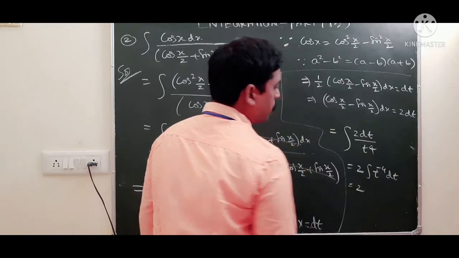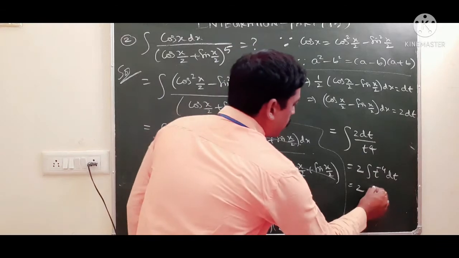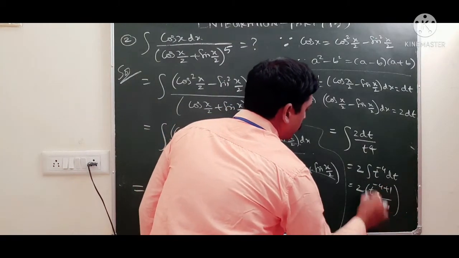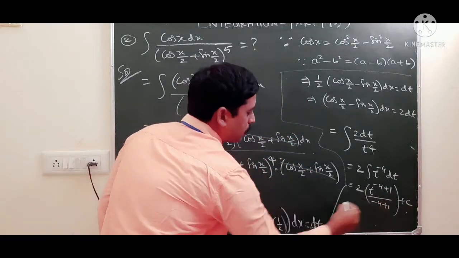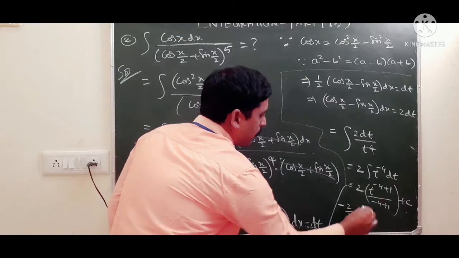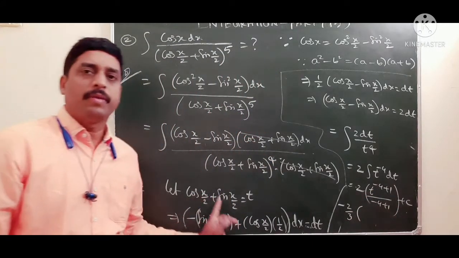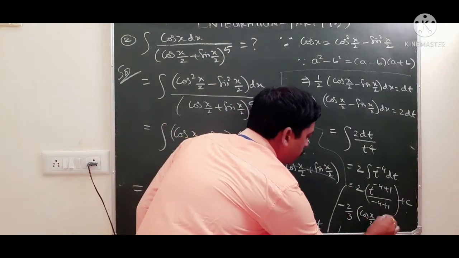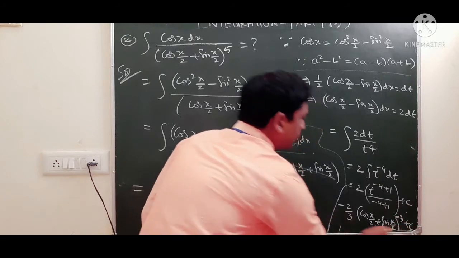So 2 times integral t to the power minus 4 is t to the power minus 4 plus 1 by minus 4 plus 1 plus c, which is nothing but minus 2 by 3. In the place of t, we should write cos x by 2 plus sin x by 2, to the power minus 3, plus c.